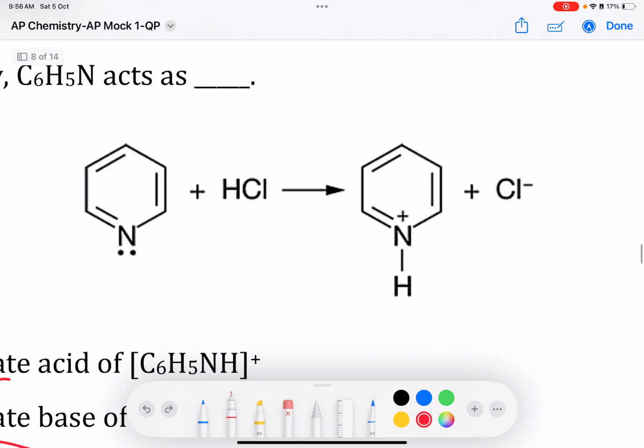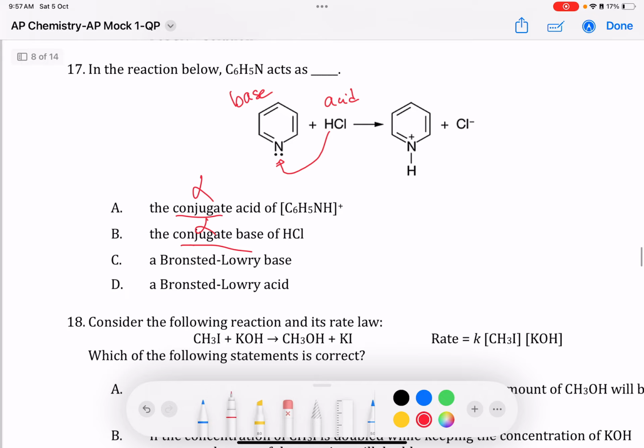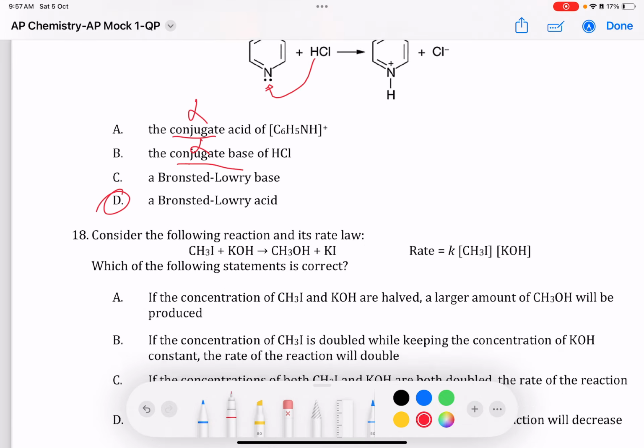Now looking at it, this proton was donated to this one. See over here. So that's a Bronsted-Lowry acid, being an H plus donor, and being an acceptor, it's a Bronsted-Lowry base.